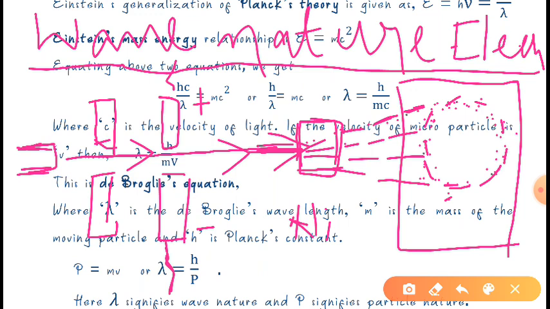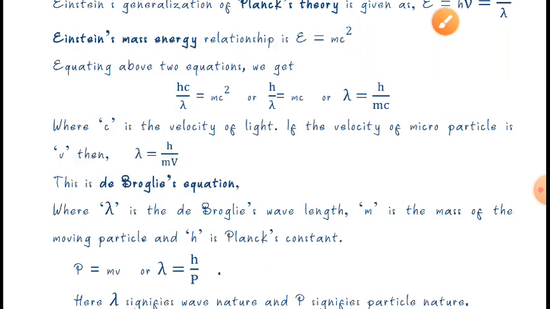I hope you have understood this experiment, the Davisson and Germer experiment. So this was about the wave nature of the electron.